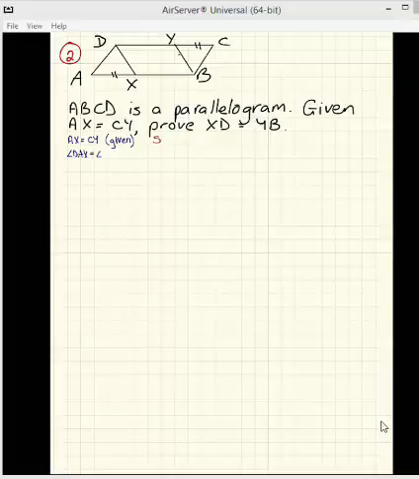Now think about this. What matches with D? Well, D is matched with B. So it's BCY. Now how do we know that? Because the opposite angles of a parallelogram are equal.